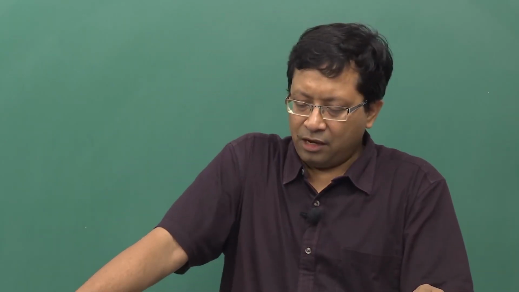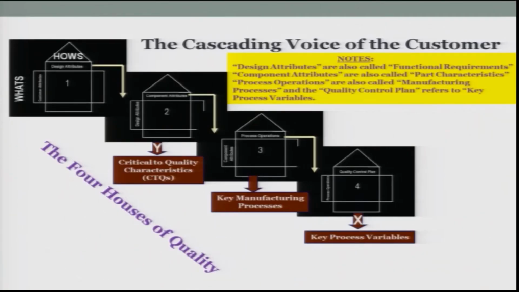So, if you see, the design attributes are called functional requirements, which I am again repeating. Component attributes are also called part characterization, based on which you find out the characteristics of each and every part of the components. Process operations are called manufacturing attributes of the qualities, and the quality control plans refer to the key process variables, which are very important in trying to basically analyze the design and manufacturing actual set of things which are very important for the customers.